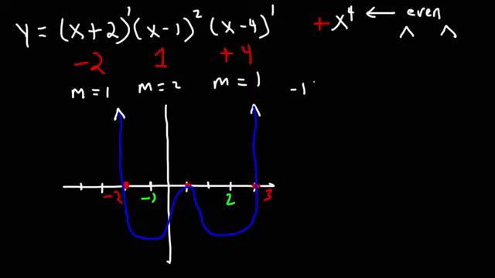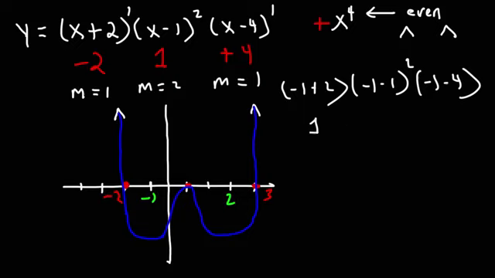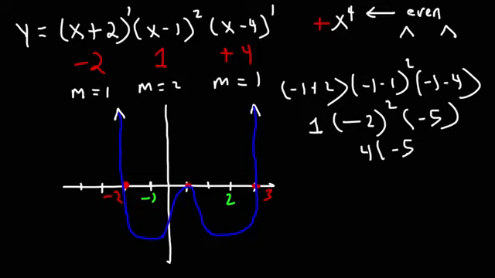So we're going to have -1 plus 2, and then -1 minus 1 squared, and then -1 minus 4. -1 plus 2 is 1. -1 minus 1 is -2. And -1 minus 4 is -5. -2 squared is +4. 4 times -5 is -20. So that's the y value for that point.